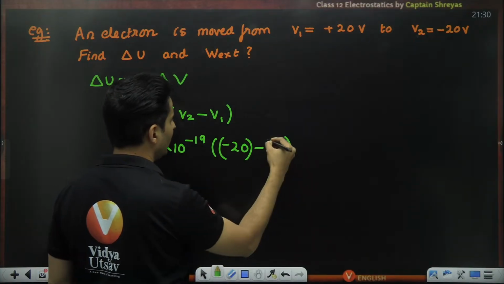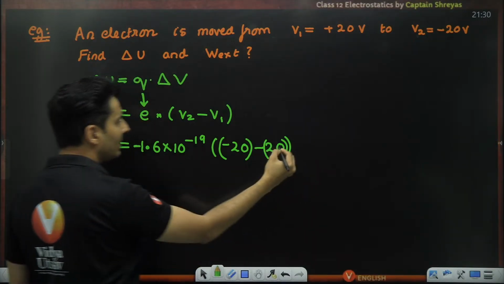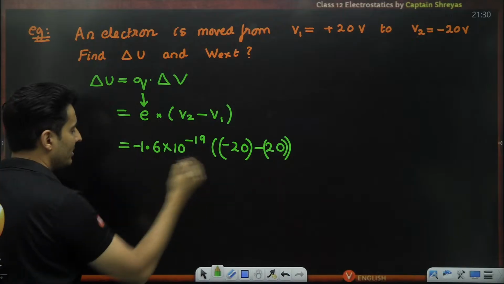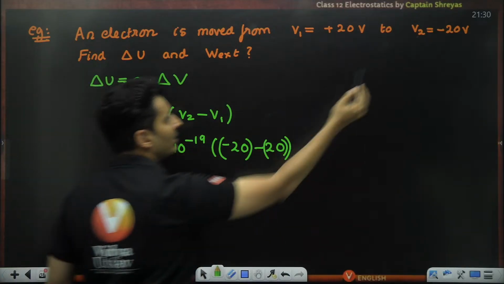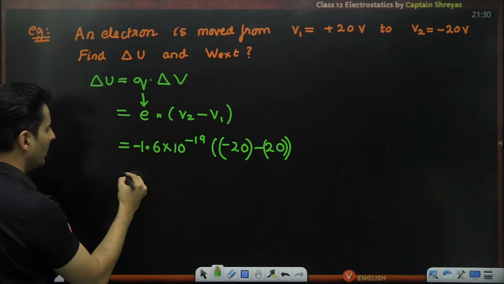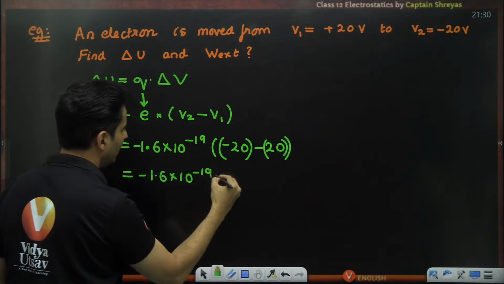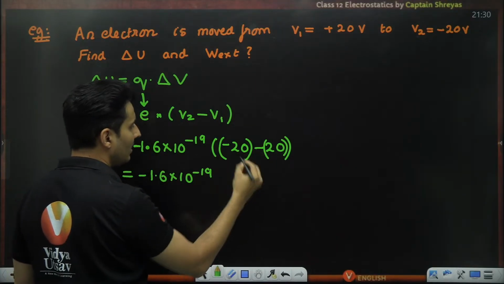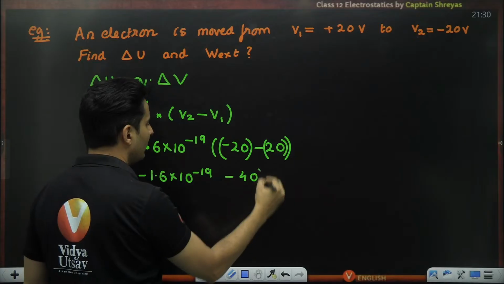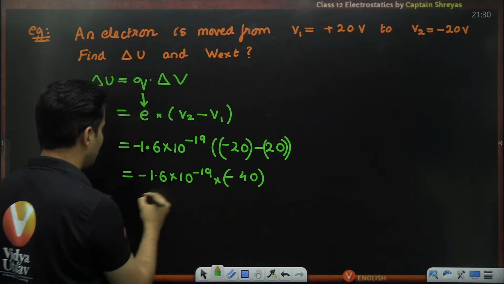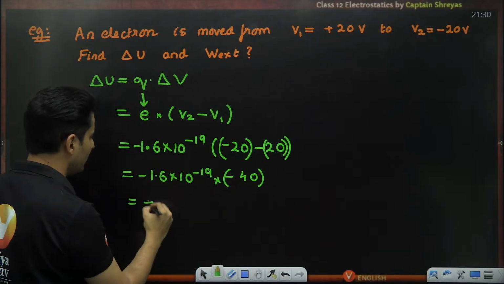So is this absolutely clear? Minus 20 minus 20. This one was negative voltage, the other positive voltage. So what will happen, guys? This will be negative 1.6 into 10 to the power minus 19 coulombs, times minus 40. Minus minus will become positive.